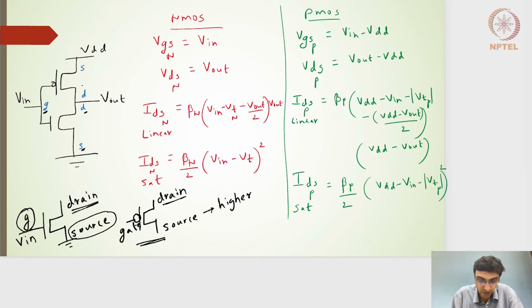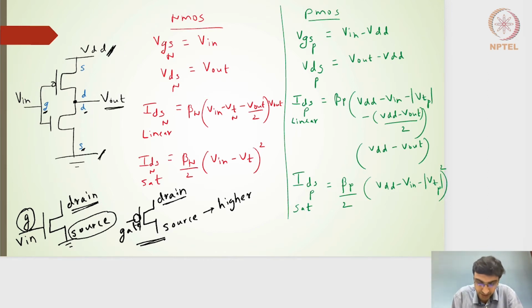So the PMOS is tied between the VDD rail and the common terminal here. In fact, for this particular pair of transistors, one side is the VDD rail, the other side is the ground rail. So this potential can reach a maximum of VDD or a minimum of ground.